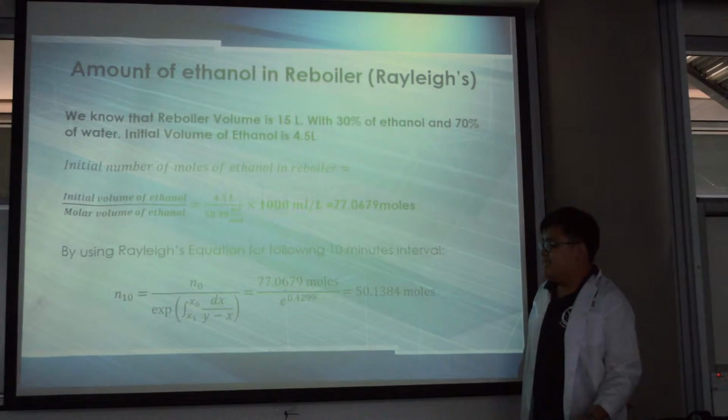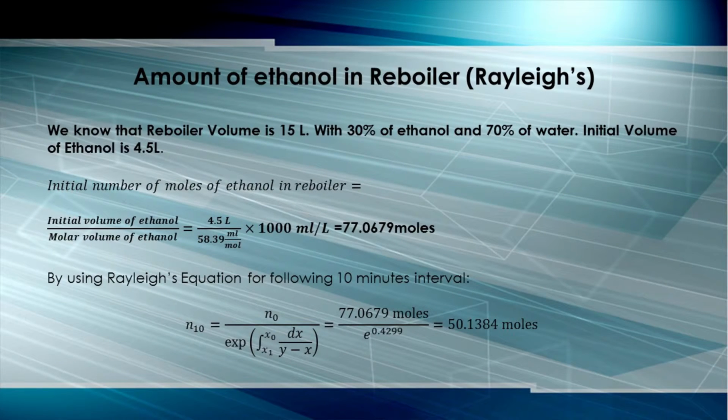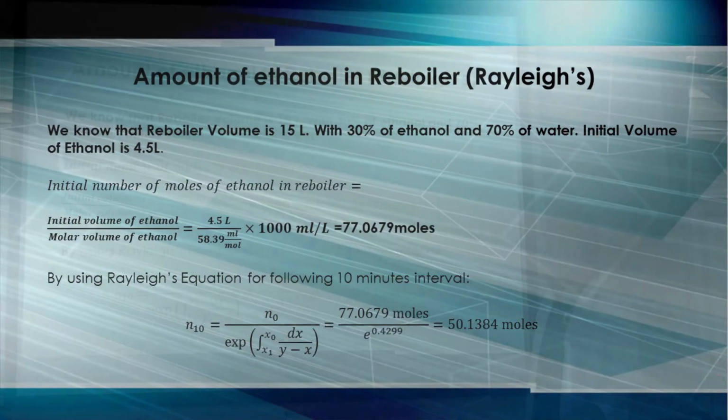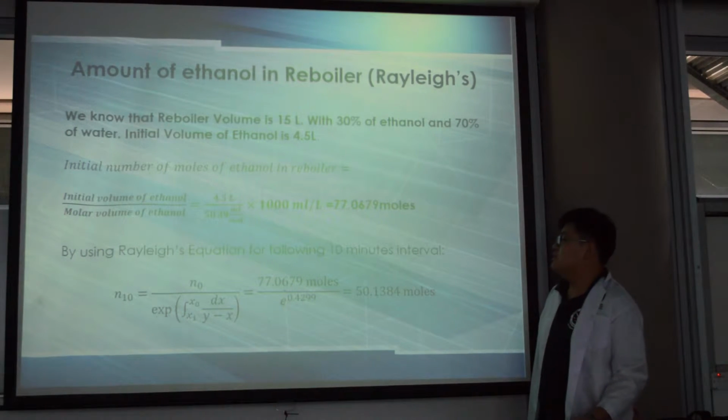Now, to calculate the number of moles of ethanol at time equals 10 minutes, we will use the equation 77.0679 moles, which is the initial number of moles of ethanol, divided by the exponential of the area under the graph, 0.4299, which equals 50.1384.